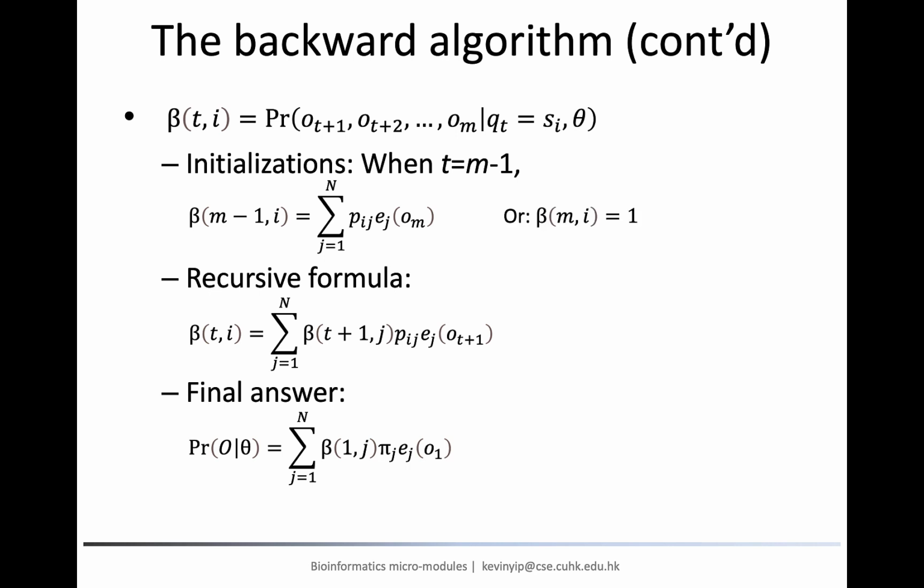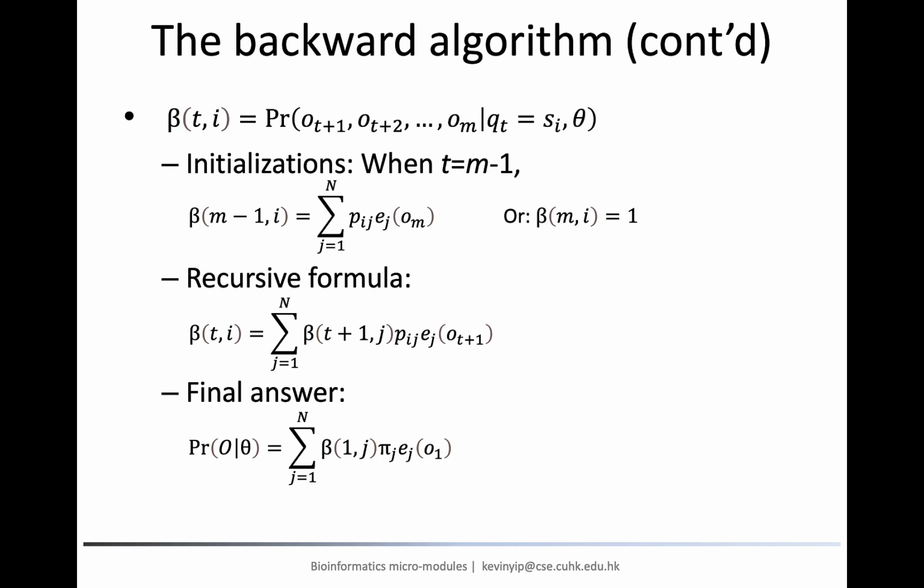One special remark here is that instead of initializing the table by filling in the entries in t = m-1 using the initialization formula, it is common to instead initialize the table by setting the values of all entries in step m to 1.